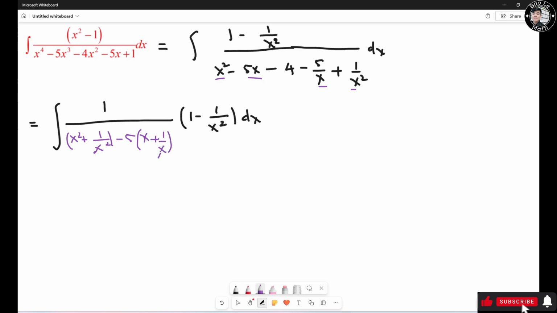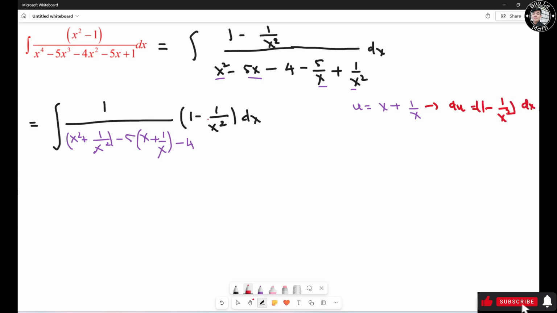Negative 4, I just rewrite it. Observe that if I let u equals s plus 1 over s, then du should be 1 minus 1 over s squared ds.